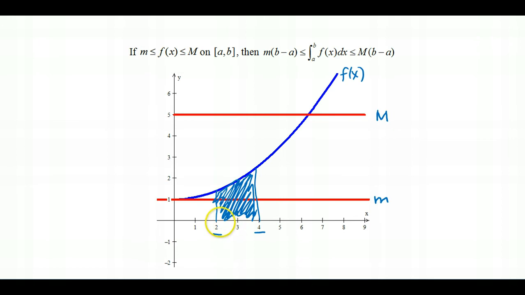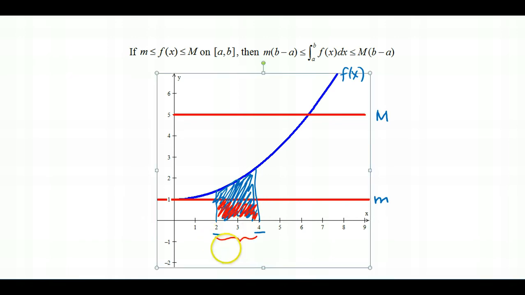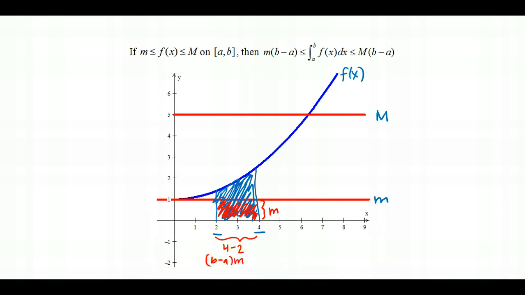then I can say that the actual area between 2 and 4 must be between the area that is formed by taking the rectangle between 2 and 4 that goes up to the line m, so this amount of area. So remember that this distance here is 4 minus 2, or b minus a, and this height here is little m. So the area of this rectangle here is going to be b minus a times m.